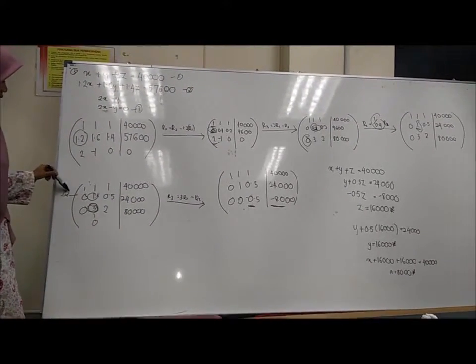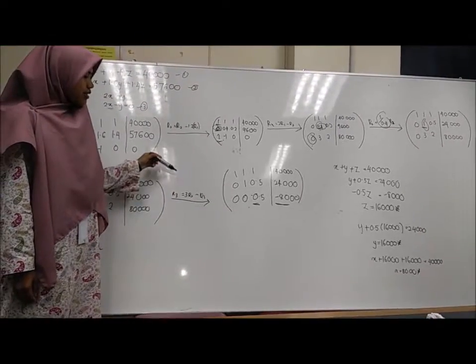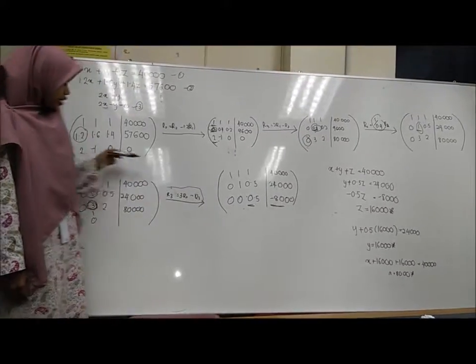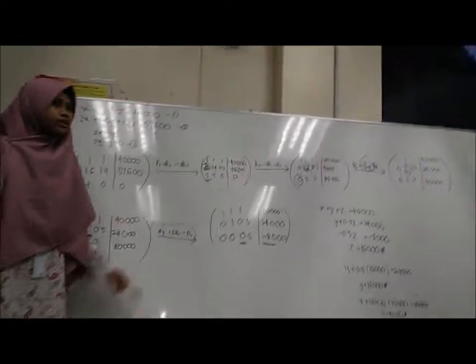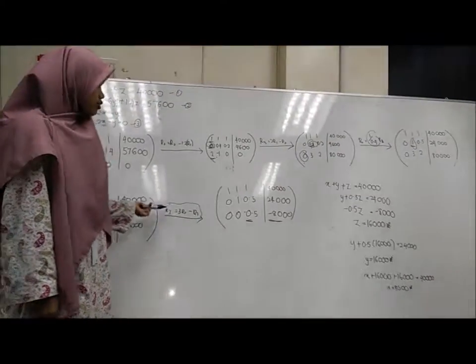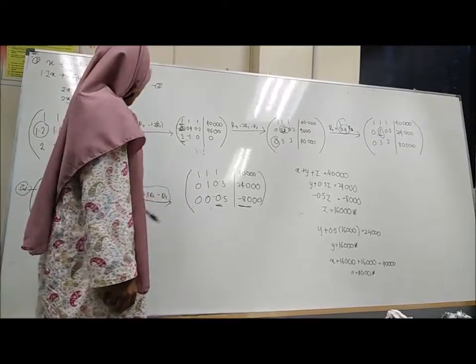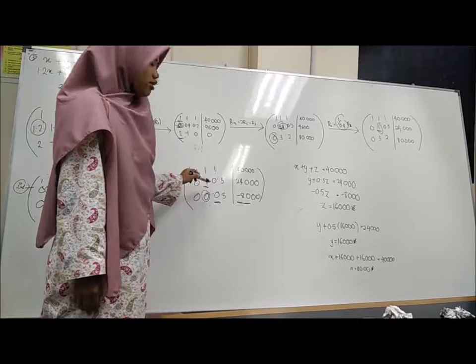Row 2 we can multiply by 3, and use this equation: R3 equals R3 minus 3 times row 2. Now we get the answer 0, and this is 1, still constants.